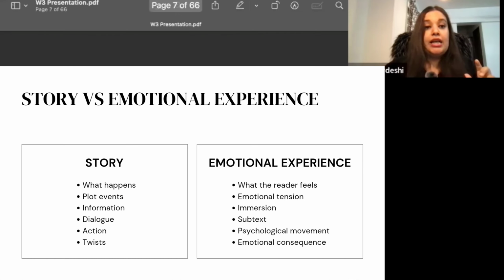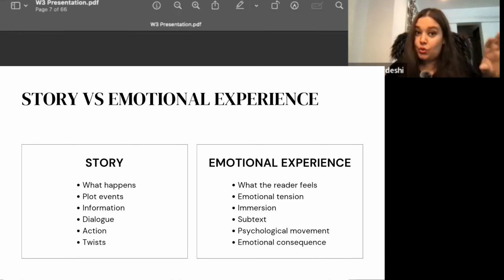Now, let us look at the difference between a story and the emotional experience that the reader craves. In story, we have what happens, but the emotional experience is what the reader feels.